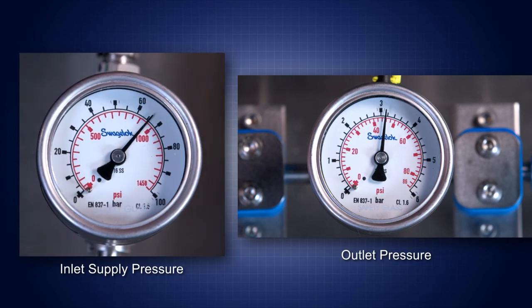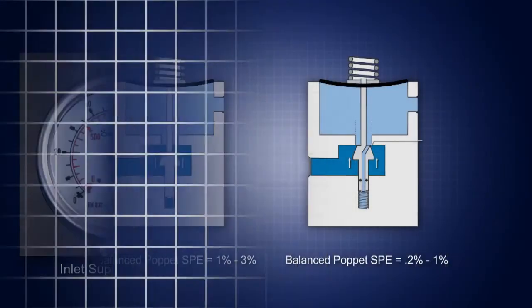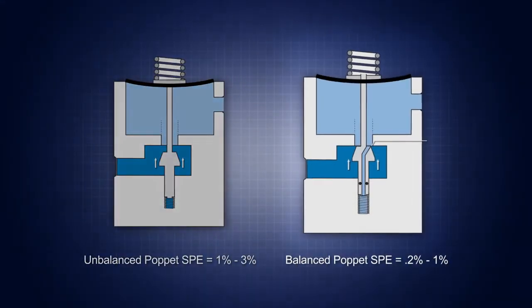Moving down to 60 bar or 870 psig for the inlet pressure causes an outlet pressure of 3.2 bar or 46.4 psig. And finally, an inlet pressure of 50 bar or 725 psig has an outlet pressure that is also 3.2 bar or 46.4 psig. Notice how the effect on the outlet pressure is lessened from the previous regulator arrangements.